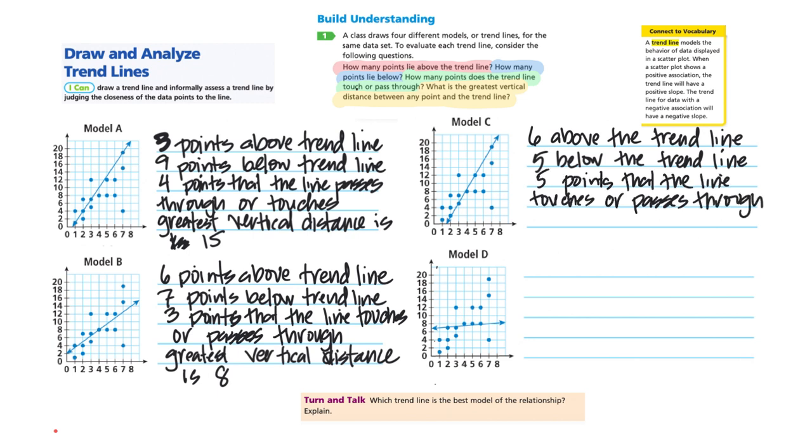And then let's look at what's the greatest vertical distance. So this one is pretty clearly the greatest vertical distance. So that's 2, 4, 6, 8, 10, 12, 14. Again, about 15 on that one.